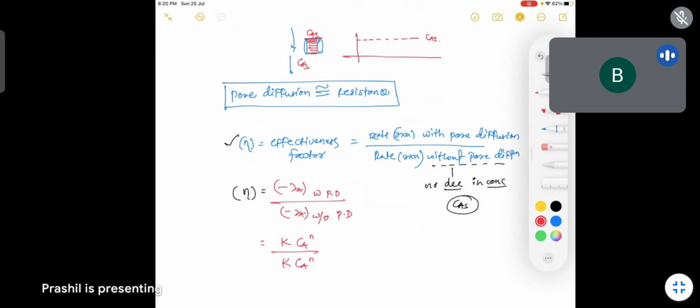Now can you please tell me what is Ca in case of pore diffusion and what is Ca when there is no pore diffusion? So what should I write as suffix to Ca?